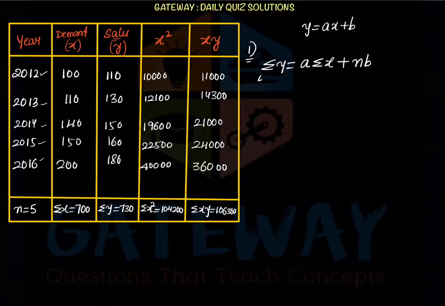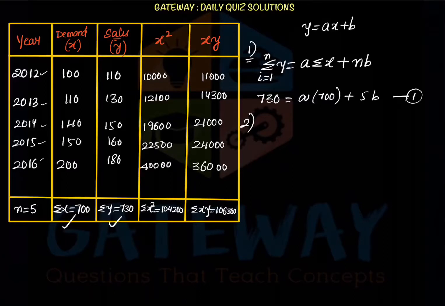Here sigma is nothing but sigma i is equal to 1 to n. N is nothing but 5 here, right? Now we'll make this first. Sigma y we got as 730, that is equal to a into sigma x, we got as 700, plus n is 5 into b. This is our first equation.